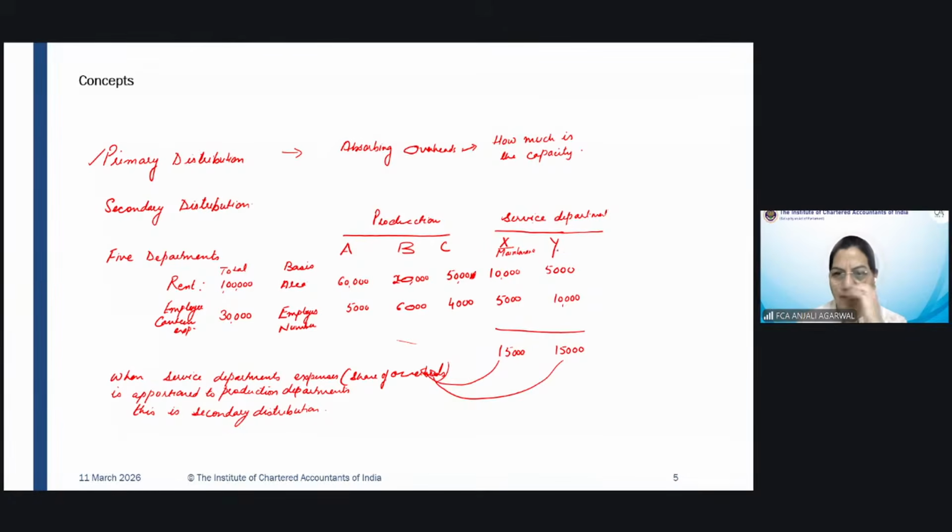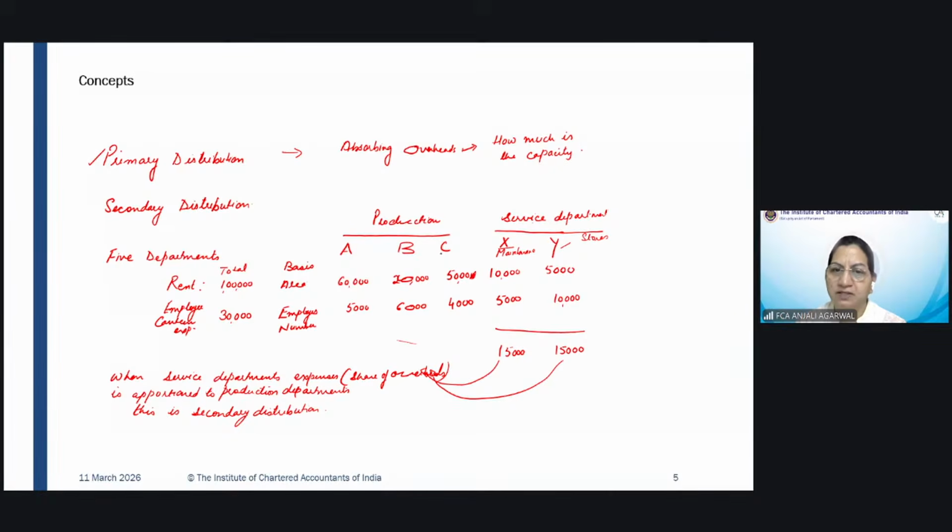Let's say department Y is the stores department. The job of stores is to store the raw materials and spare parts and provide them to the production department as and when they need. So for a stores department, the best way of sharing the joint overheads cost of 15,000 of department Y amongst A, B and C should be the material cost.